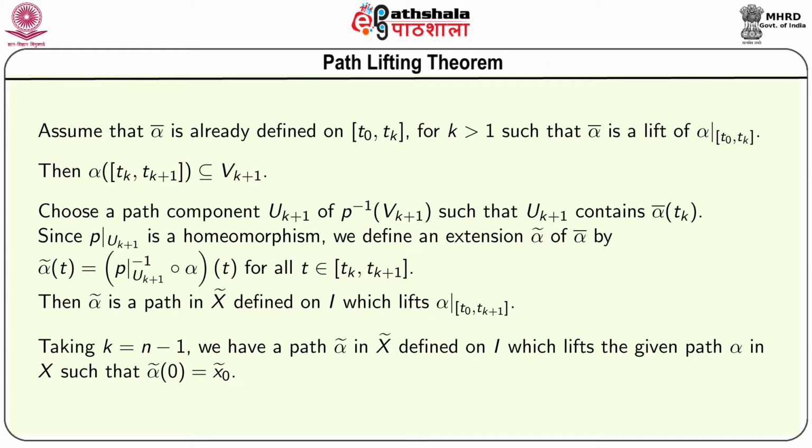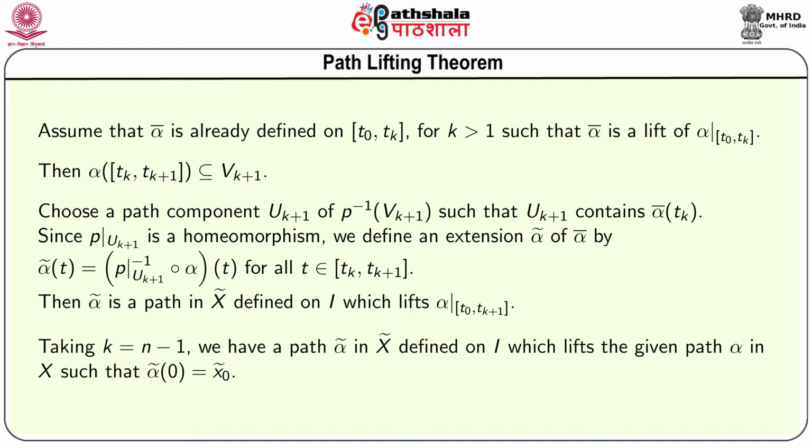Now, assume that alpha bar is already defined on the closed interval t0 to tk for some k greater than or equal to 1 such that alpha bar is a lift of alpha restricted to the closed interval t0 to tk.